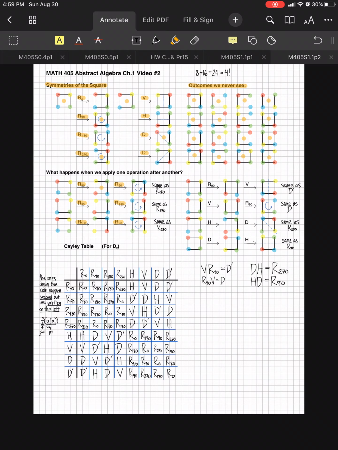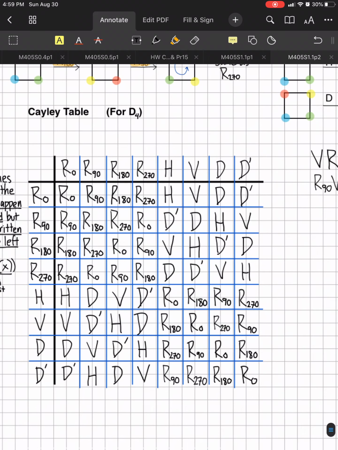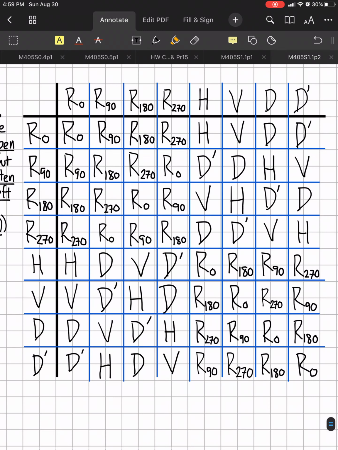But one thing you will notice here is, regardless of what order we put these in, these things do not necessarily commute. In other words, H and R90 give us D, R90 and H give us D prime. Likewise, D and V give us R90, V and D give us R270.